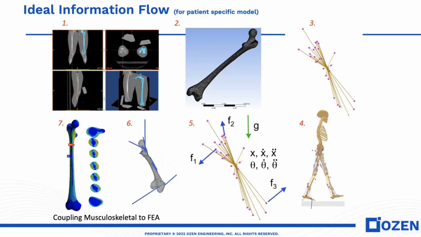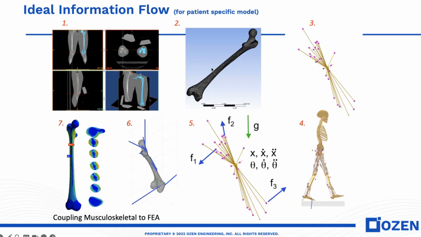The ideal information flow is such that you start out with a patient-specific geometry, or in these musculoskeletal models, there are generic models. There are generic bones. But if you would like to address a patient-specific implant, then of course you'll have to scan that patient's bone geometry and bring it into the musculoskeletal model.